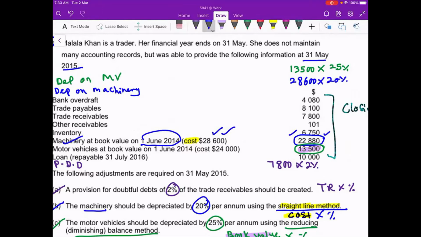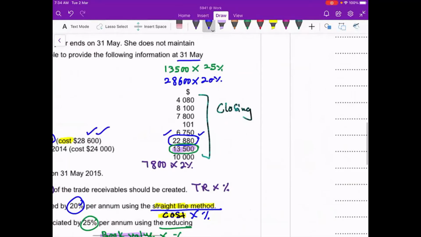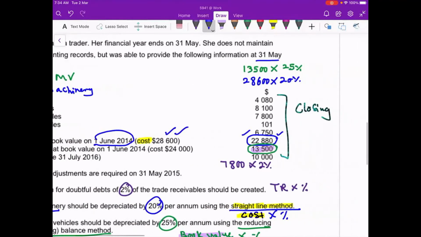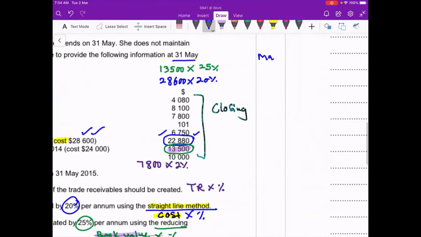Okay, I take 28,600 minus 22,880. I get 5,720. This is machinery's last year depreciation, 5,720.